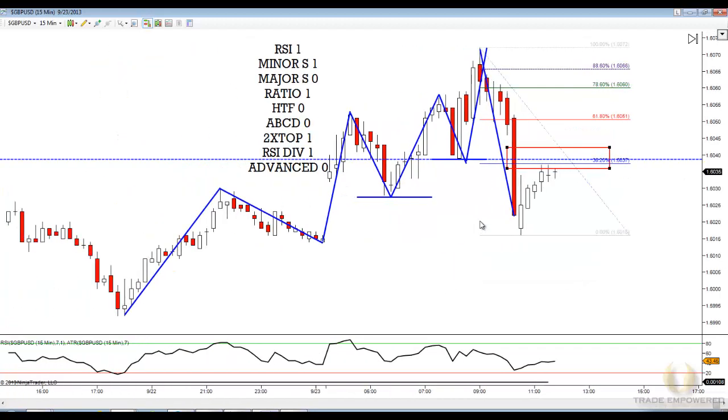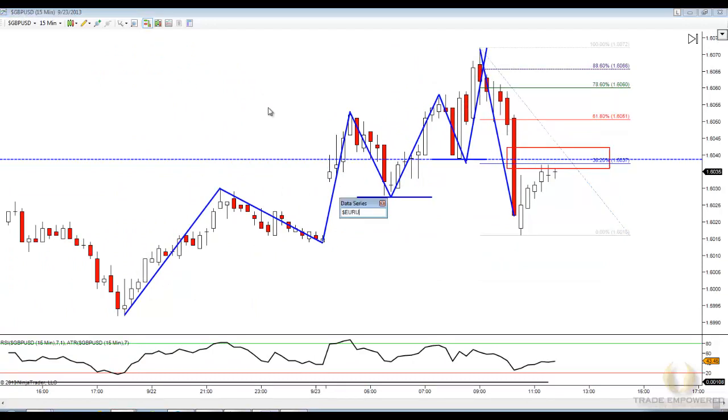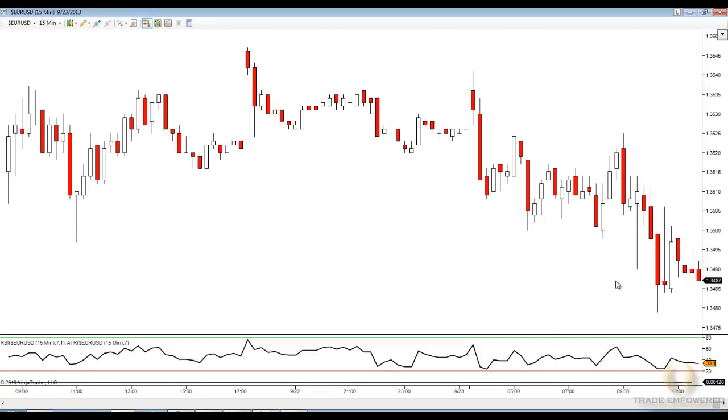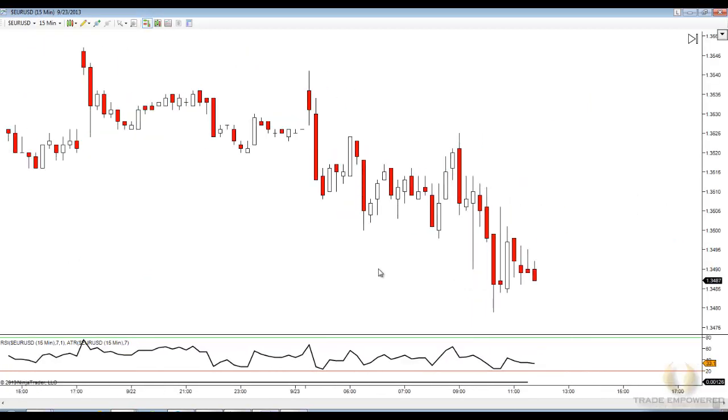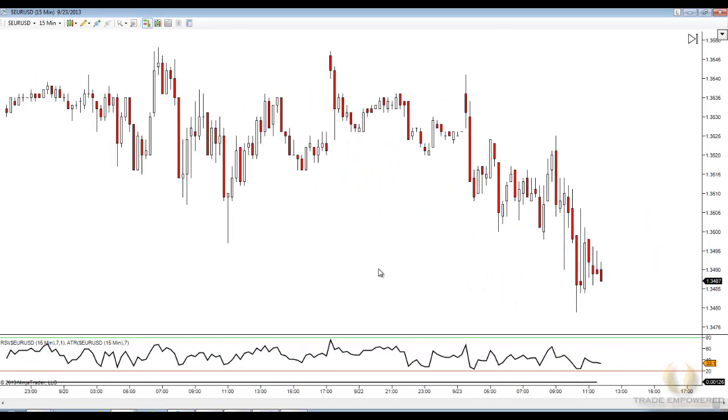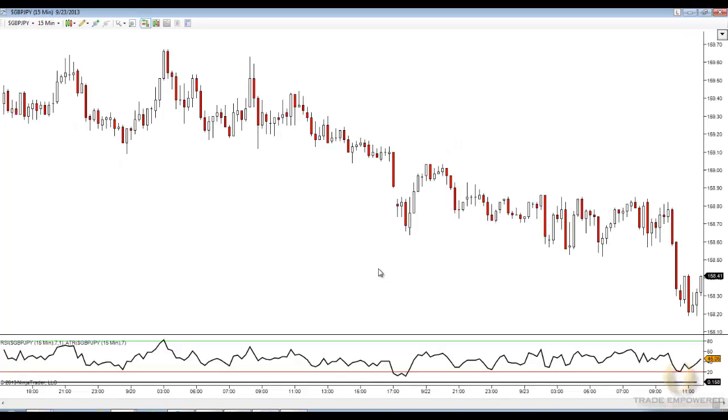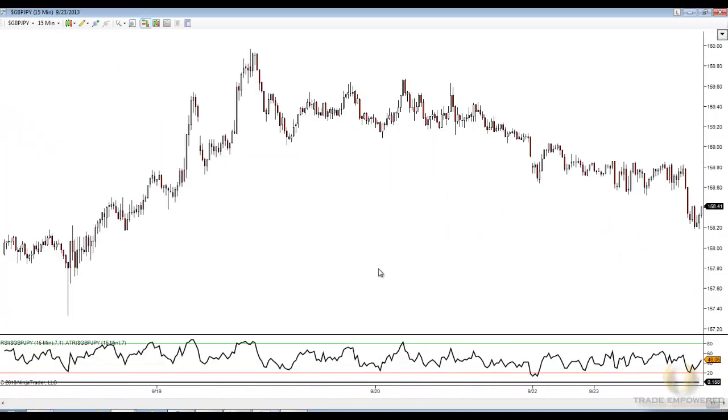Let's look at another chart. Let's go randomly to Euro Dollar. And again, we want to check out the charts live because, well, when you're trading the markets live. It doesn't look like anything. Go Pound Yen. I'm going to hunt around some of these 15-minute charts to find some examples. It's a Monday. The markets usually move slow on Mondays, so we'll see if we can get anything quality. Let's go down maybe to a 5-minute chart here.